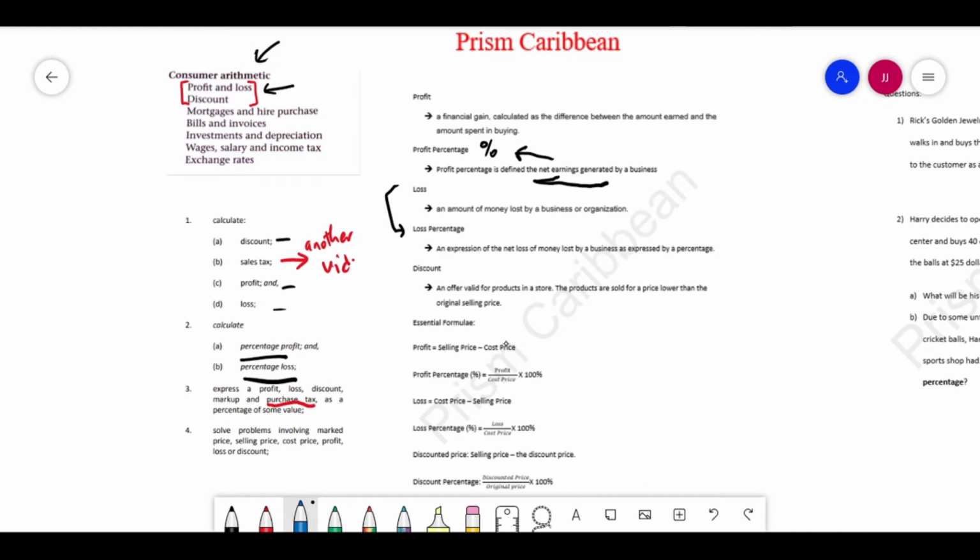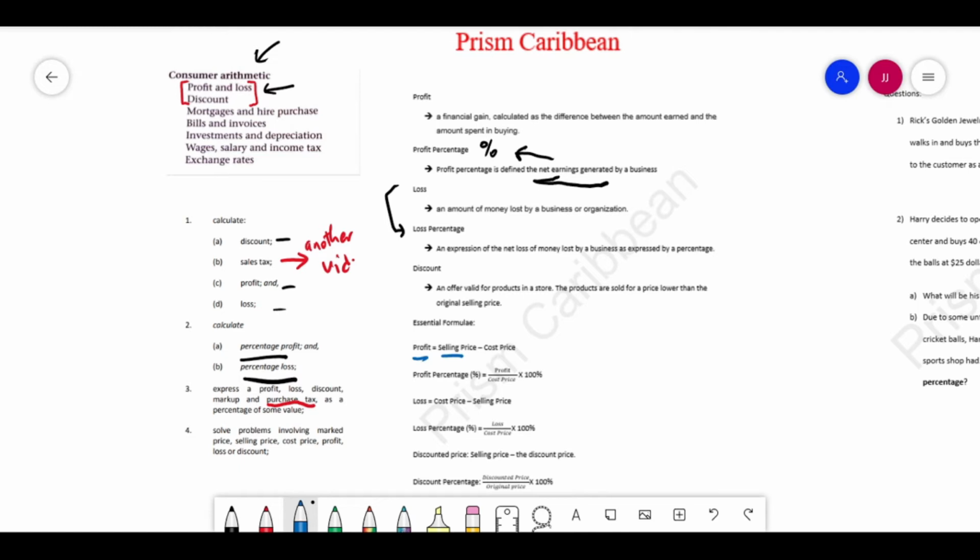The cost price is the original price at which a product was bought at a store, and the selling price is the new price, meaning the price it is now sold for. We can also use the profit to calculate a profit percentage by dividing the profit by the cost price and multiplying by 100%.